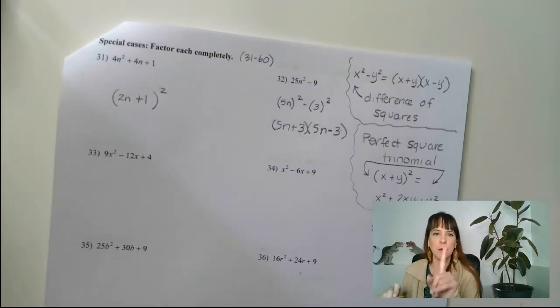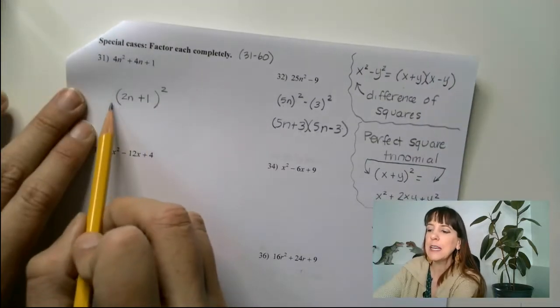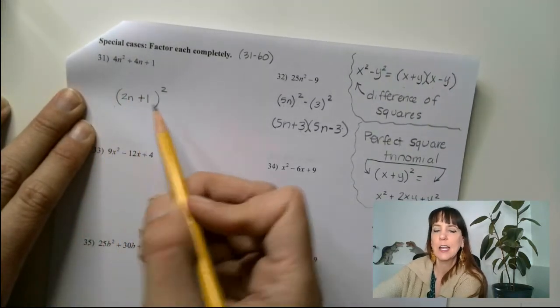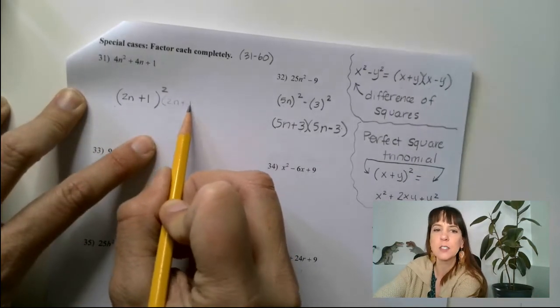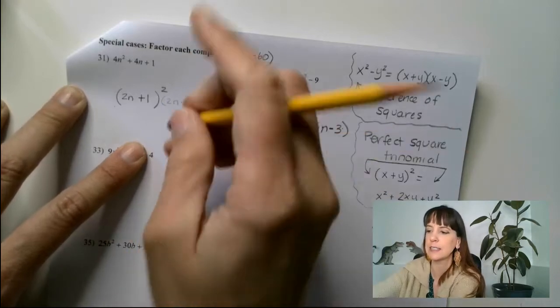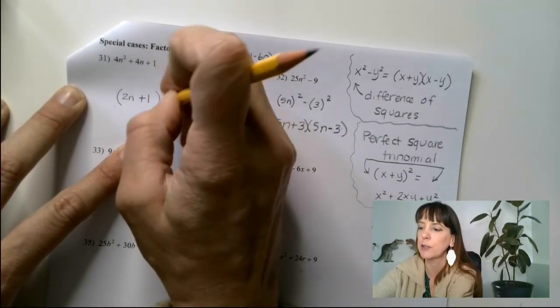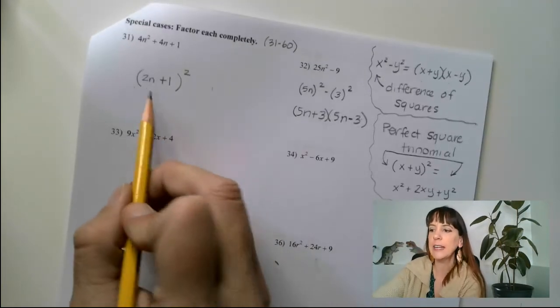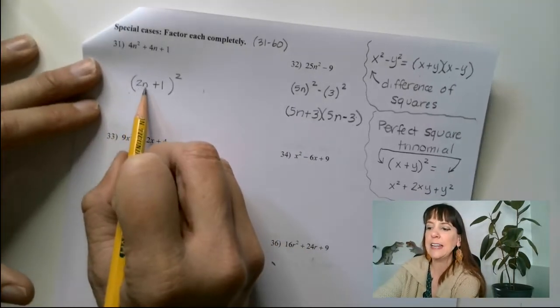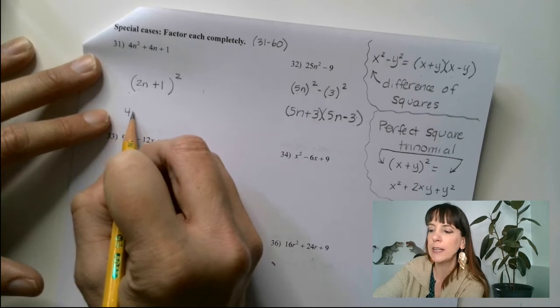Now, the way that we would double check this is, if you see a perfect square trinomial like this, you could cross this out and rewrite 2n plus 1, and then do first, outside, inside, last, you know, FOILing or distribution or whatever you want to do there. However, there is a pattern here, and the pattern is you take this one in the front and you square it, so we get 4n squared.